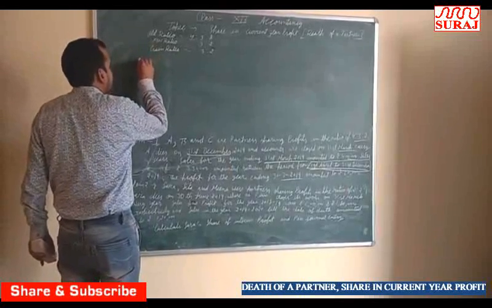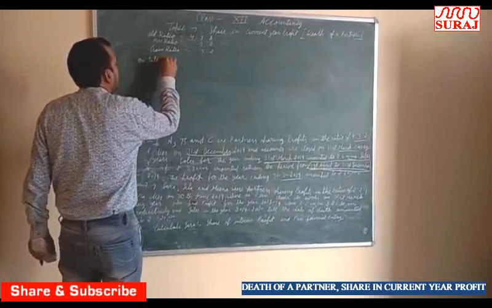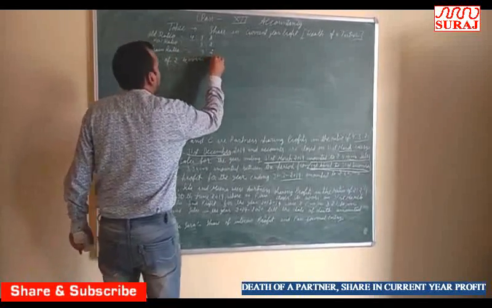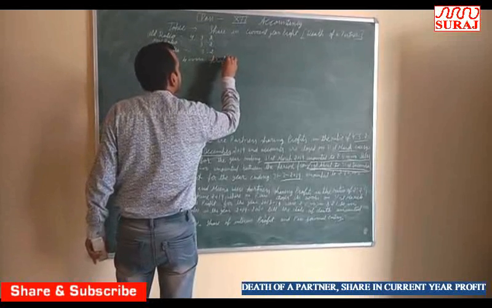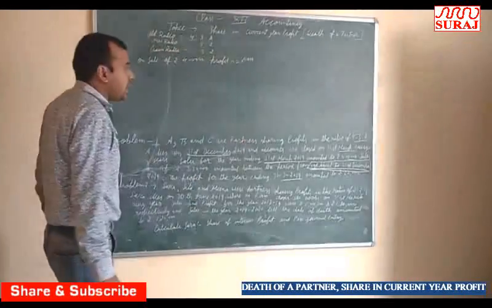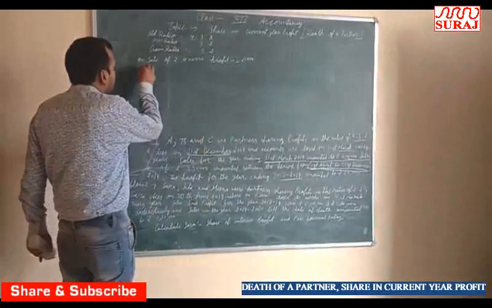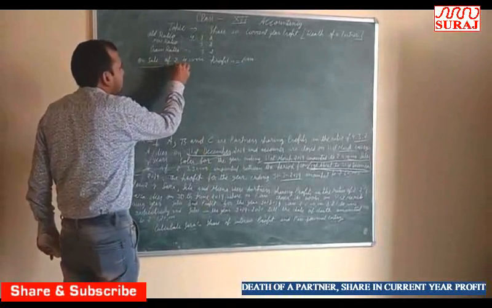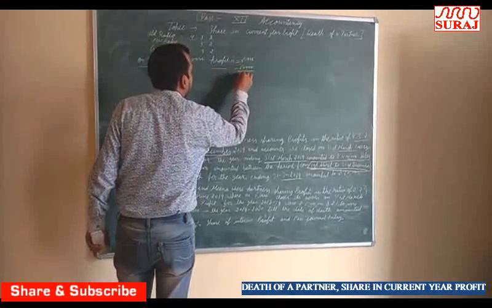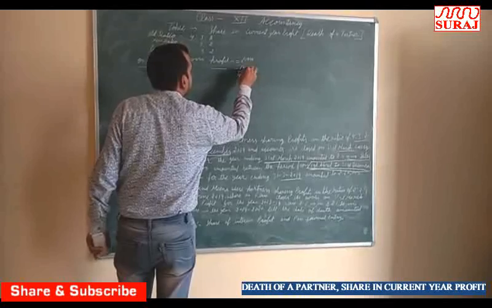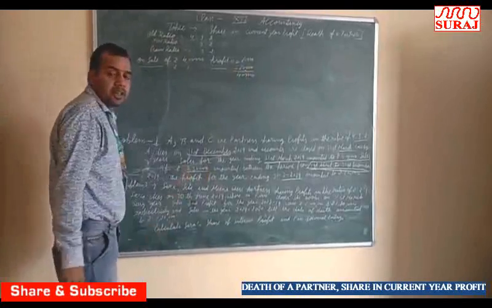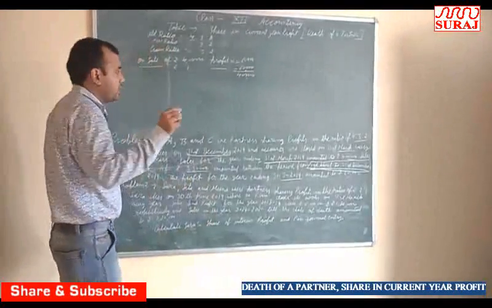On sale of ₹4 lakh, profit is 60,000. On sale of ₹1, profit is 60,000 divided by 4 lakh. And sale from 1st April to 31st December is 3,30,000; it's given.